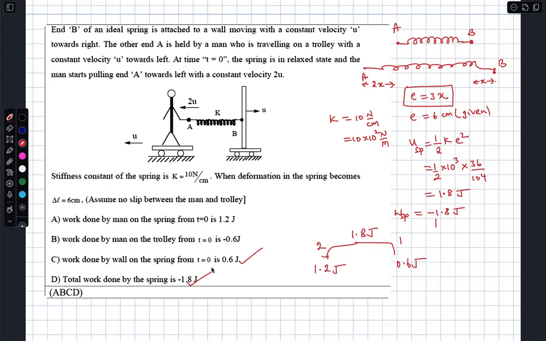Work done by man on the spring from t equal to 0 is 1.2 joules. The only funda you need to understand here is that if this end moves by x and this end moves by 2x, clearly the energy contributions will be in the same proportions.